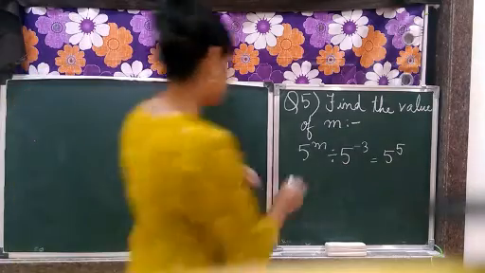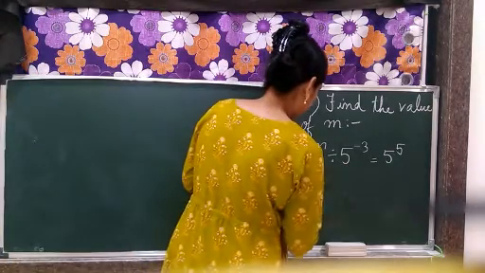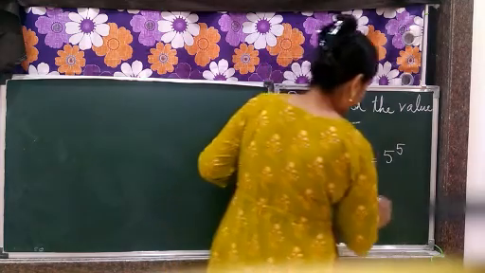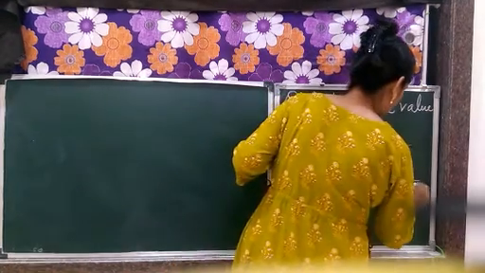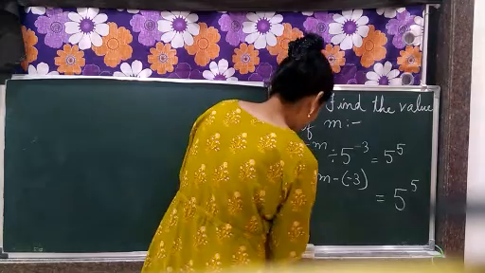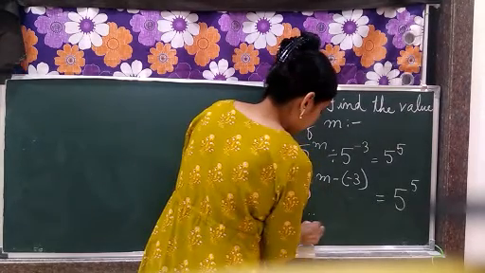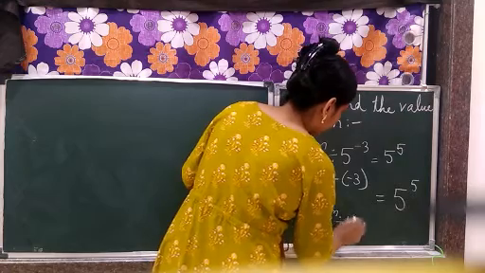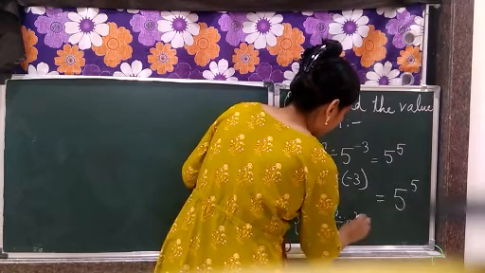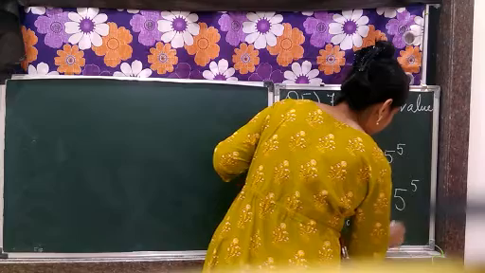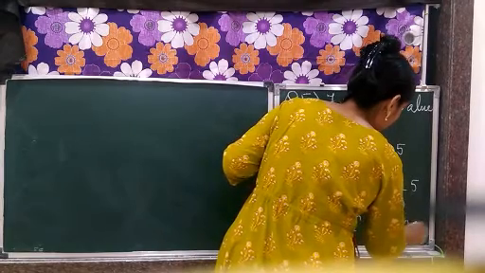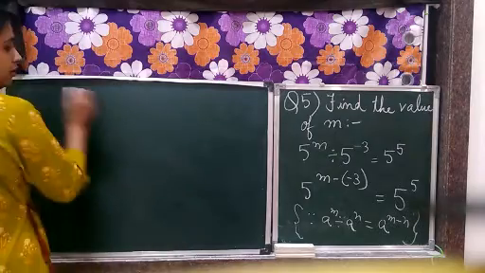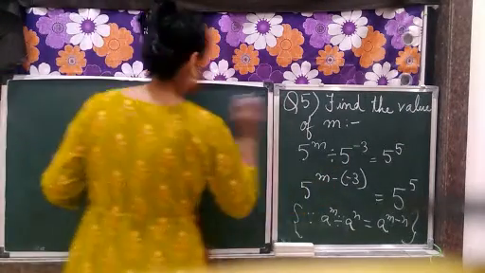Correct? So let's do that. Since a raised to m divided by a raised to n is equal to a raised to m minus n, minus minus becomes plus.